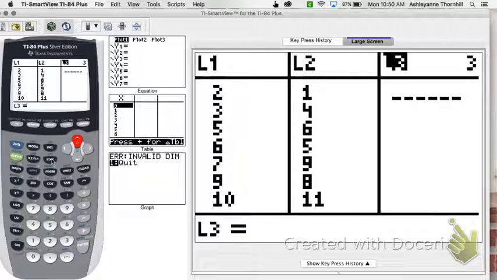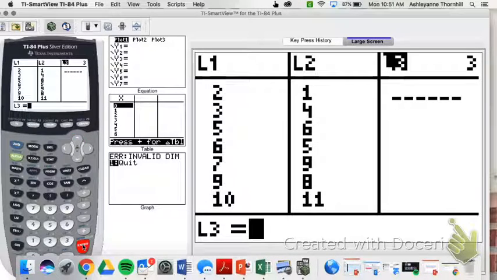So I'm going to go to my list 3 where it's highlighted. So I need to hit up and then hit the enter button. Now you see it blinking. Now I'm going to type in my LSRL, which is negative. Oh, my negative button is down here.